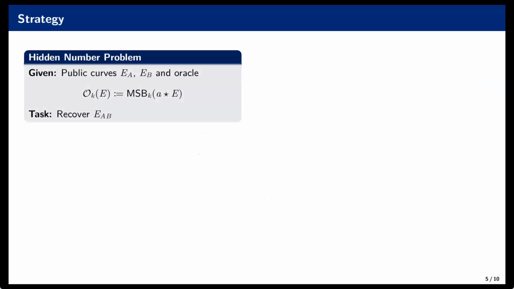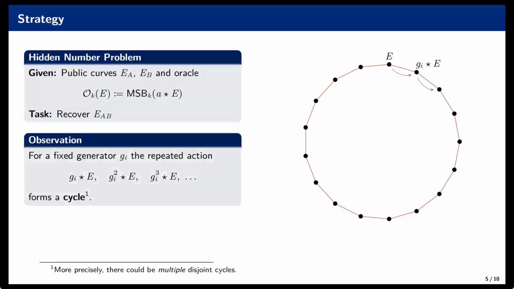And so let's now look at the strategy of how to solve the hidden number problem. I restated the hidden number problem here again, but now with the updated notation. The whole recovery is based on the following observation: if we fix a generator, then the repeated action of this generator on the curve forms a cycle.